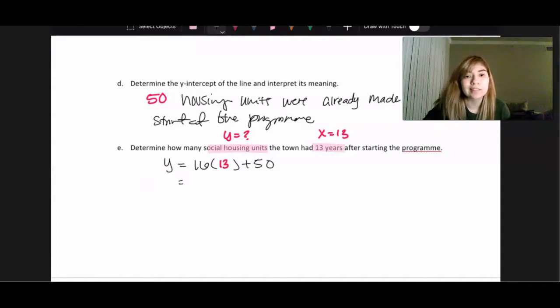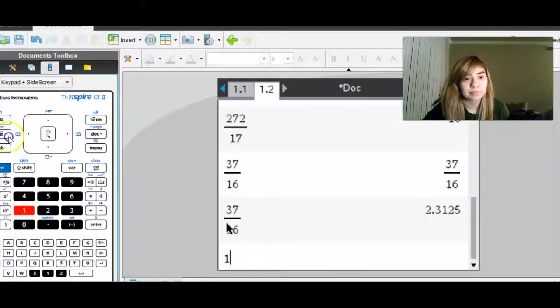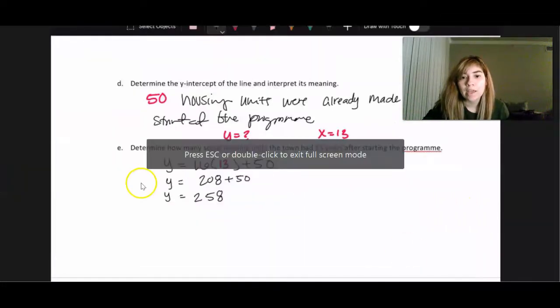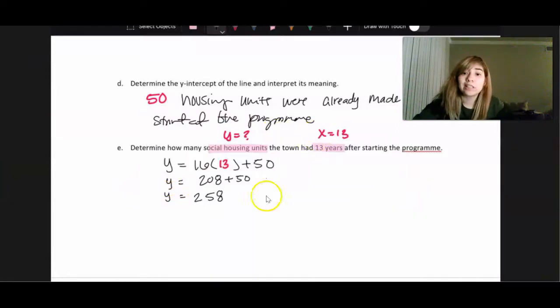So we're going to do 16 times 13, and add 50 to that. So after your 13th year, you'll have 258 housing units built with the program.